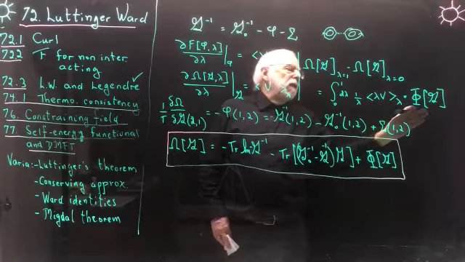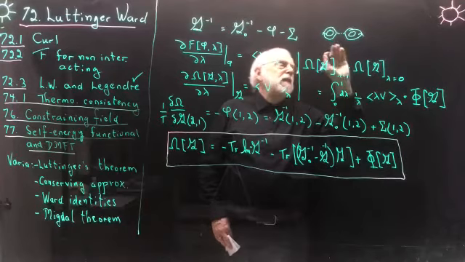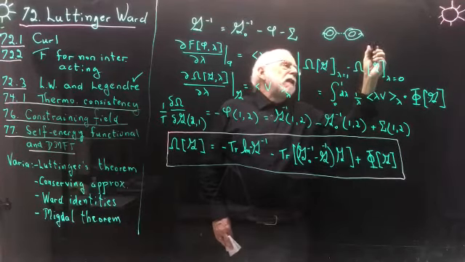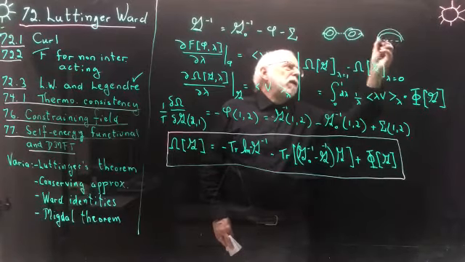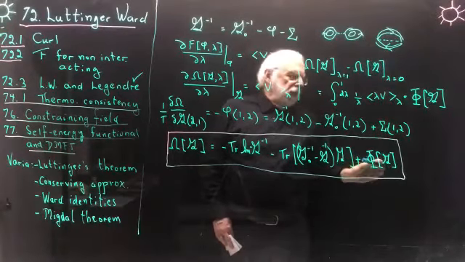And if I functionally differentiate this with respect to G, I get the Hartree term. And if I, for example, look now at this term, if I functionally differentiate with respect to G, I get the Fock term.